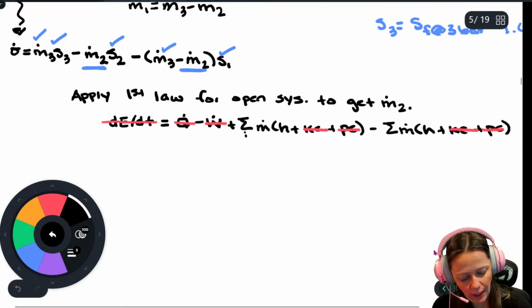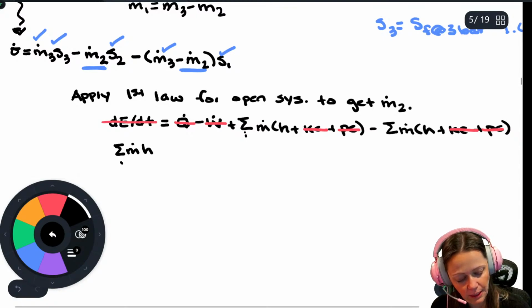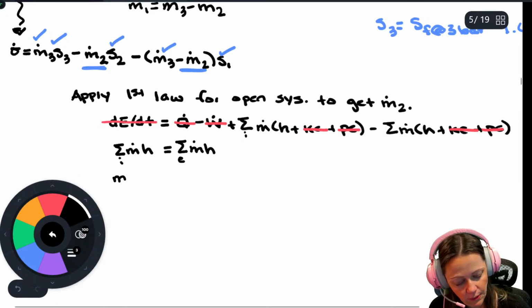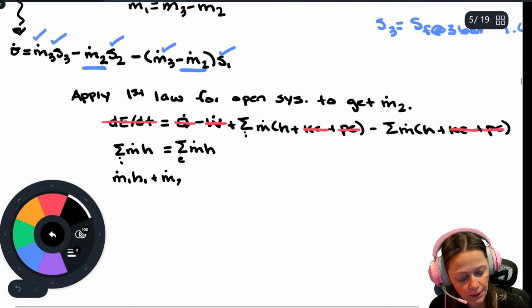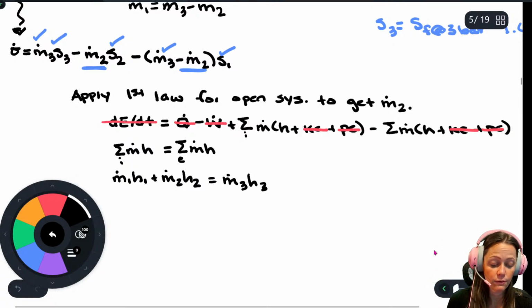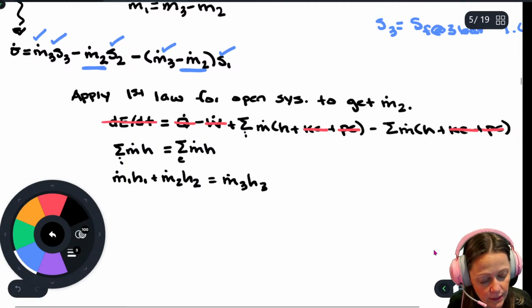And so all I've got is the sum of the m dot h's coming in, equal to the sum of the m dot h's going out. So I've got m dot 1 h1 plus m dot 2 h2 equals what's going out, m dot 3 h3.